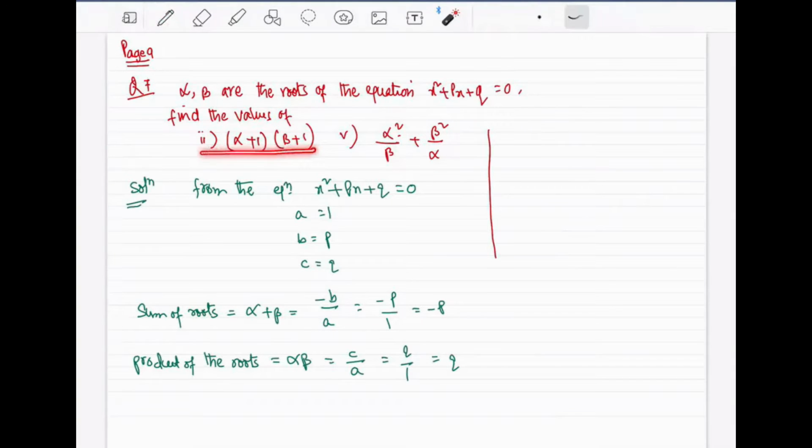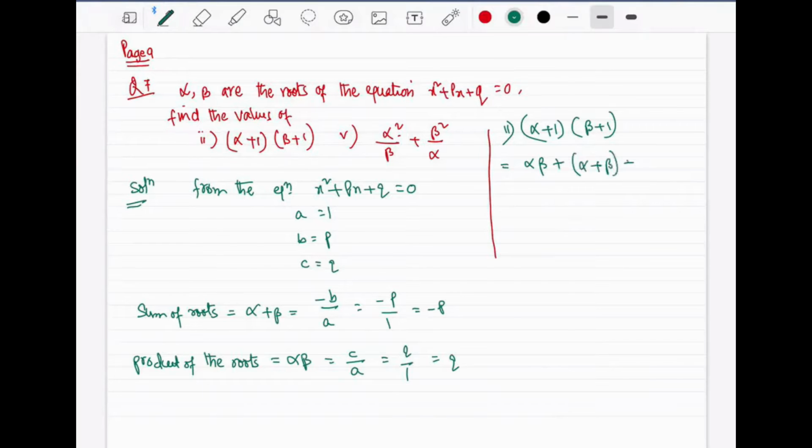Now let's find Roman number 2: alpha plus 1 whole bracket, beta plus 1 whole bracket. We have done the multiplication already in the introduction. When you multiply, you obtain alpha beta plus alpha plus beta plus 1. What's the value of alpha beta?